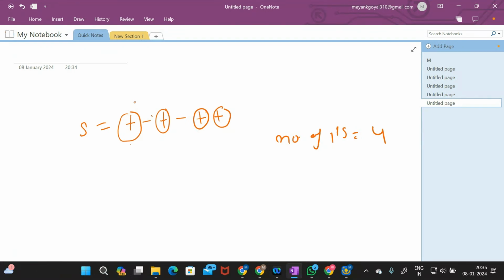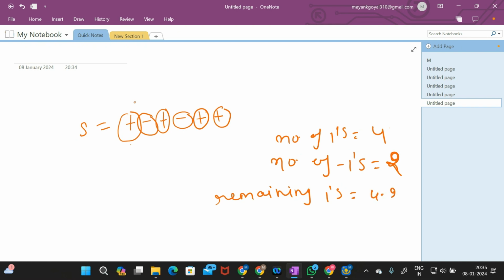Let's count the number of minus 1: 1, 2. So the number of minus 1 is 2. So these two minus ones cancel out two ones, and the remaining ones are 4 minus 2 equal to 2.